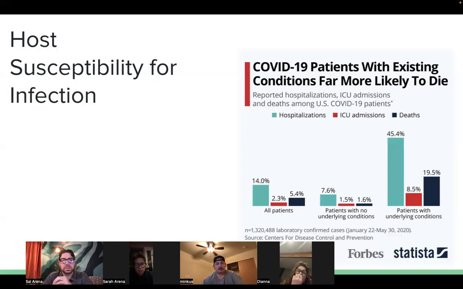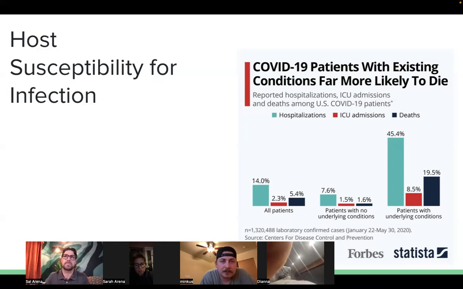This is host susceptibility for infection. As you can see, patients with underlying conditions obviously had a harder time during COVID with being infected, and also the mortality rates were higher for people who had comorbidities.